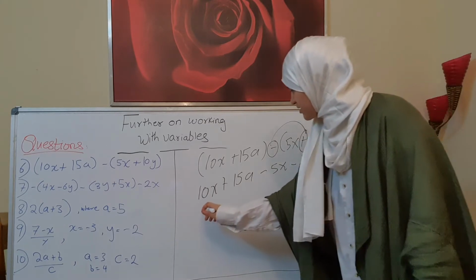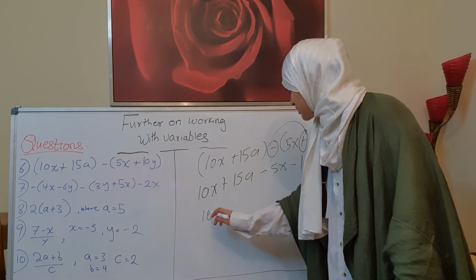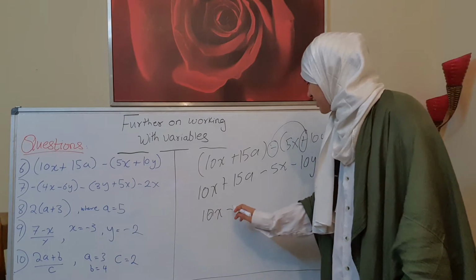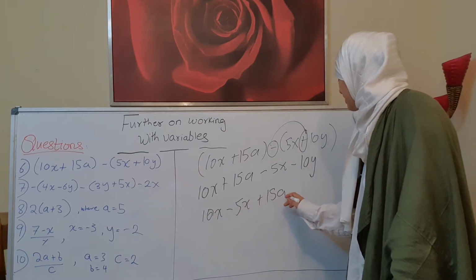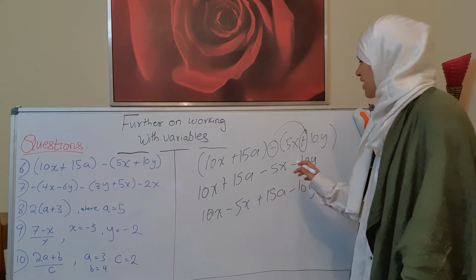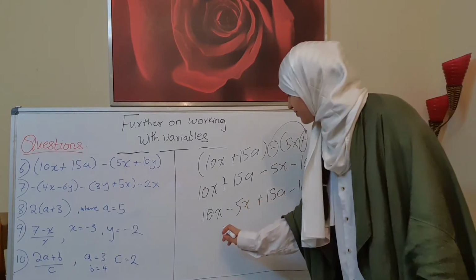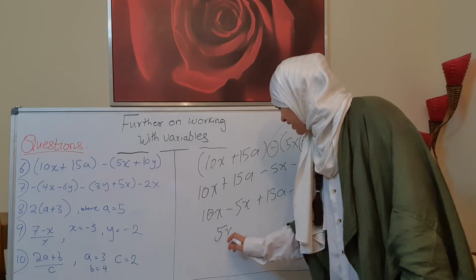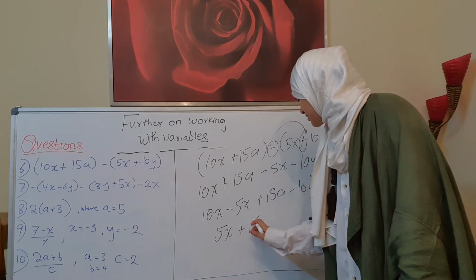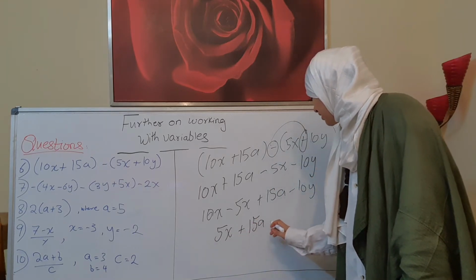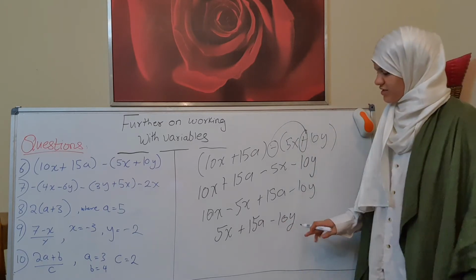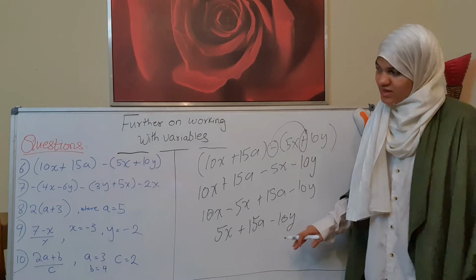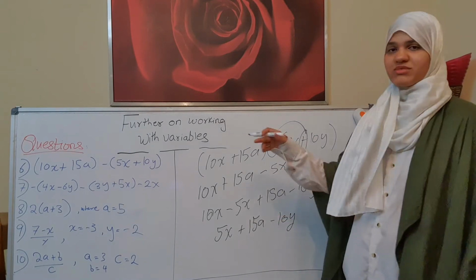So that means 10x minus 5x plus 15a minus 10y. At the final answer, it will be 5x plus 15a minus 10y. This is the last answer or the final answer for question number 6.